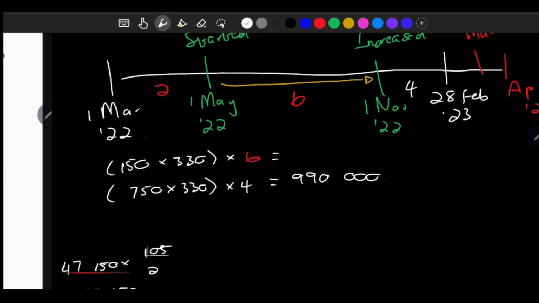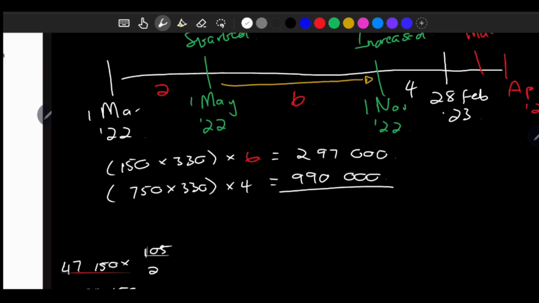So 1,900 times 6 gives us 297,123, right? So it's May, June, July, August, September, October, then it's November. Yeah, no, accounting requires a bit of knowledge on general stuff, right? So when you're preparing for your accounting, make sure you can name all the months from January till December.